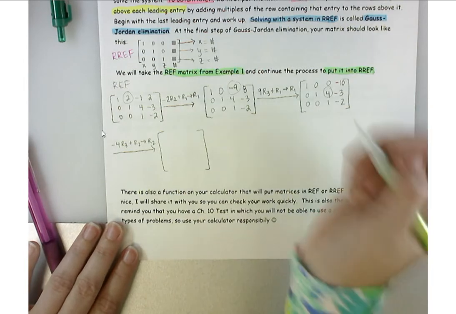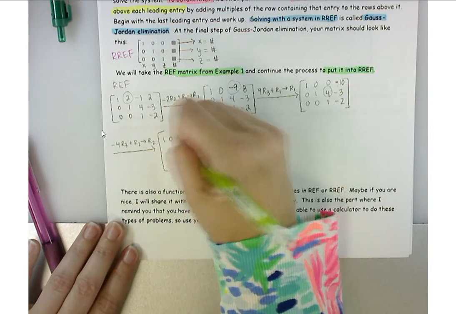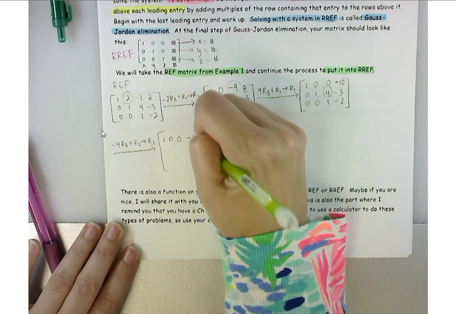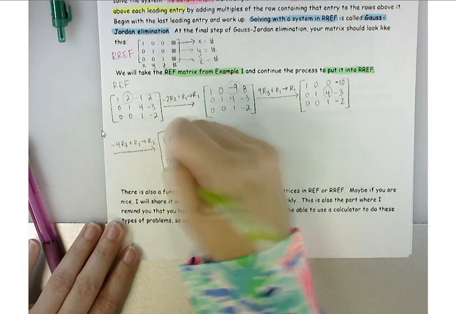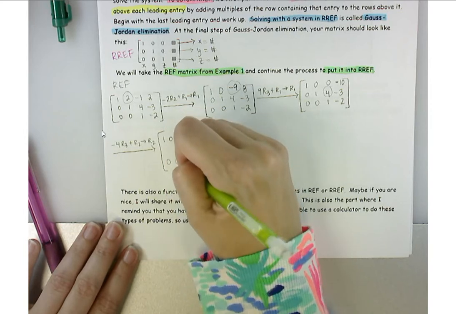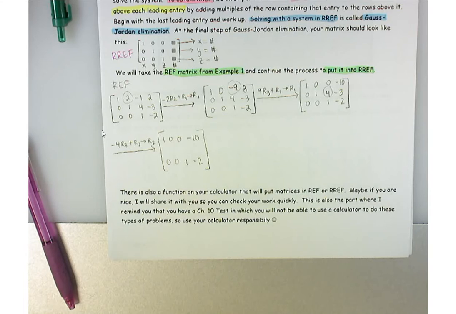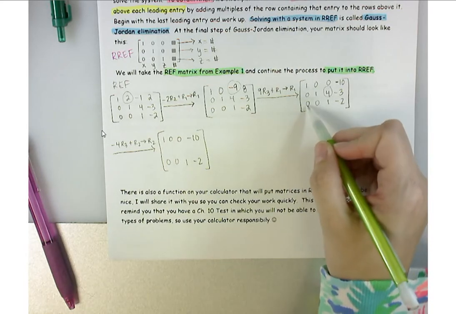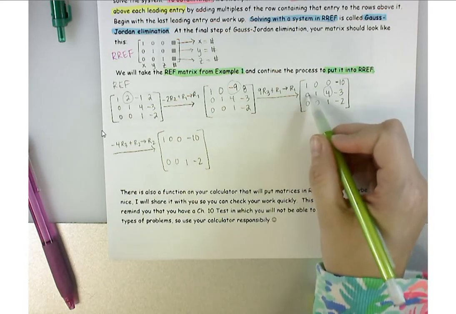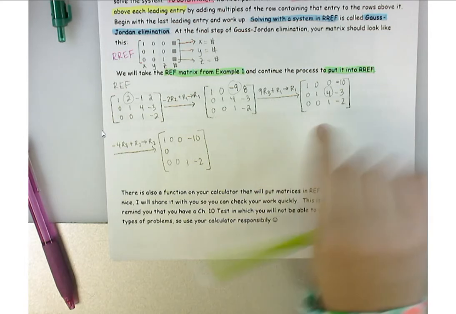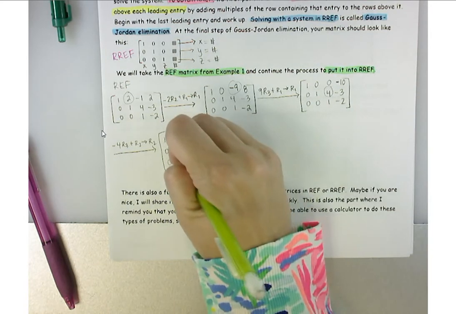Good plan. So I'm replacing R2, so this is going to be 1, 0, 0, negative 10. And then the last row is 0, 0, 1, negative 2. Okay, so if I multiply 0 by anything plus 0, I get 0. 0 plus 1 is going to be 1.